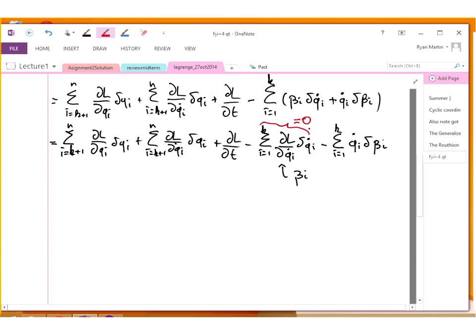At one point I made a statement saying that we can now remove the velocities that correspond to the cyclic coordinates, and I can replace them by the constant beta i's. And so then L doesn't depend on the first k qi dots, and so that term is equal to 0. So we compare this to the other form of the delta R that we wrote.